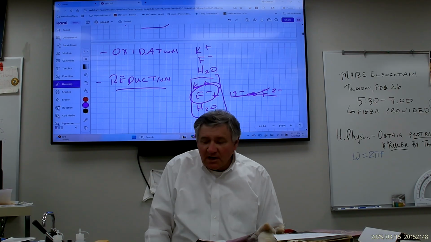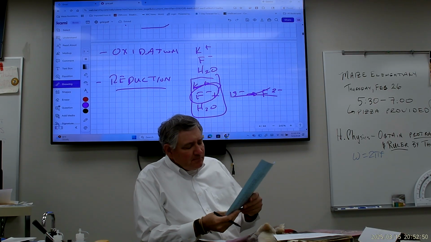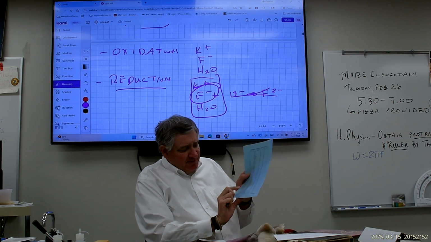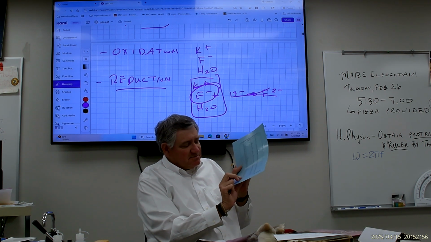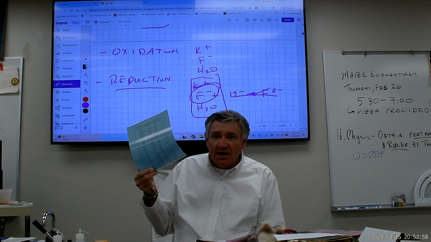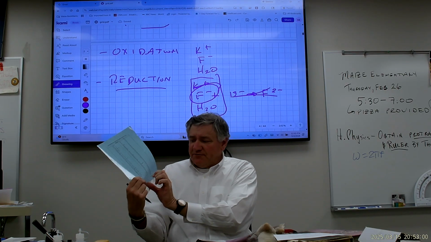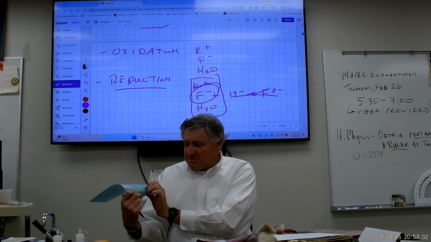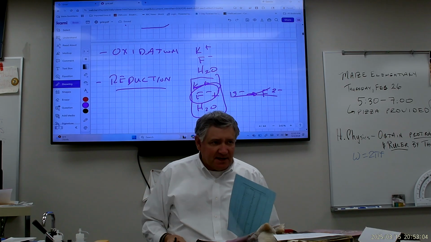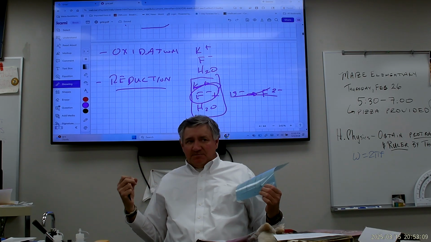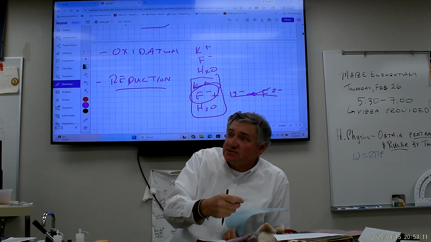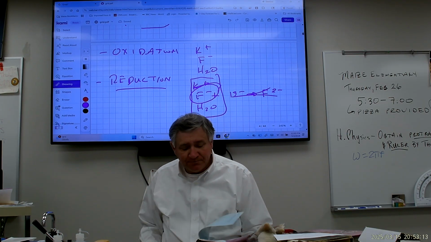Now, talk about potassium. Potassium is a possibility, and I'll show you why the potassium is a possibility. It's not a good possibility, but it's a possibility. Because if you go down here to the bottom, you can find K plus an electron turning into elemental potassium. This at least is within the realm of possibilities because this is a reduction equation. Cool.